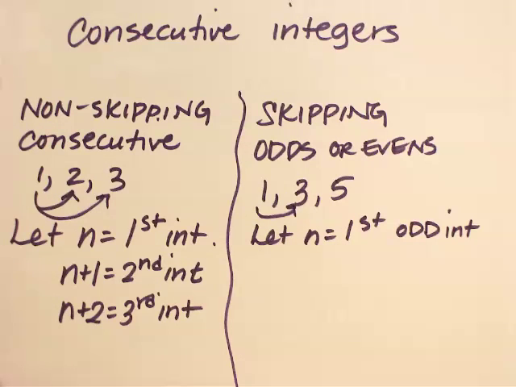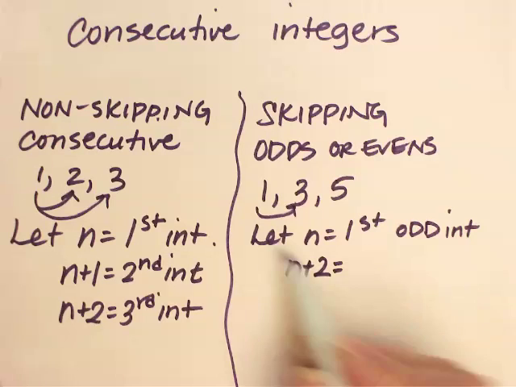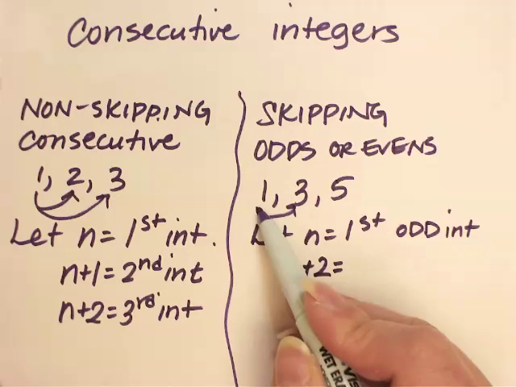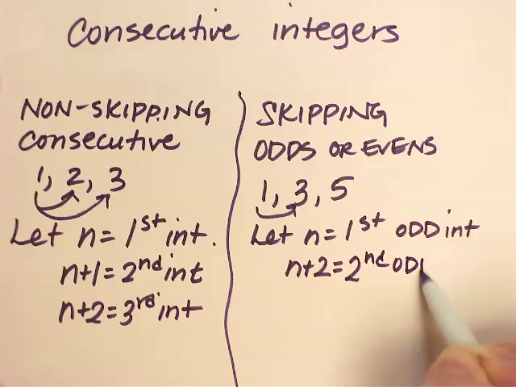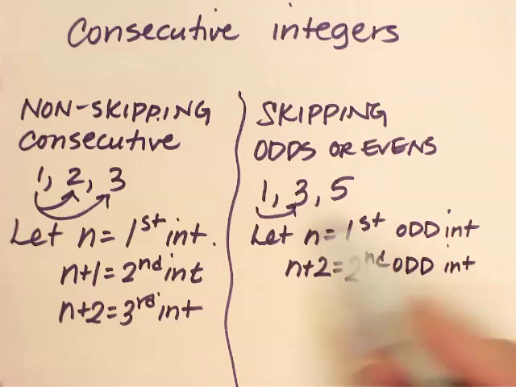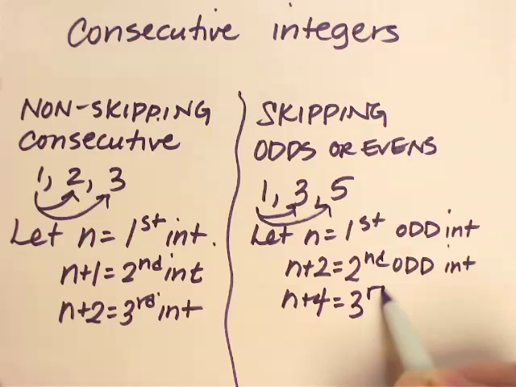I have to skip over a number, so I would have to add 2. So n plus 2 would give me my second odd integer. Then to jump from 1 to 5, I would have to add on 4. So this would be my third odd integer.